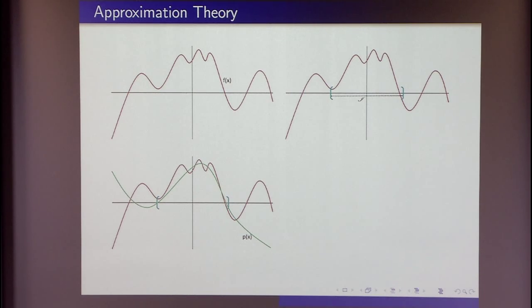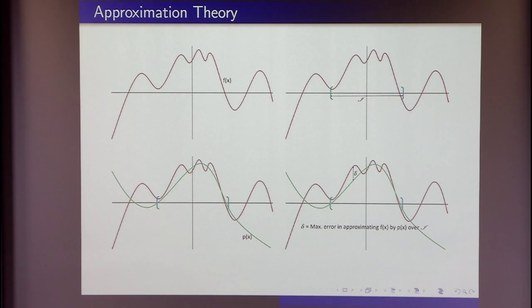Now here, there could be many notions of approximation that one could think of, and the notion of approximation that we would like is the infinity norm. So I'll define it in a minute, but let me explain what is the quantity that we are trying to control. The quantity that we want to control is that this green curve is close to the red curve at every point in the interval.